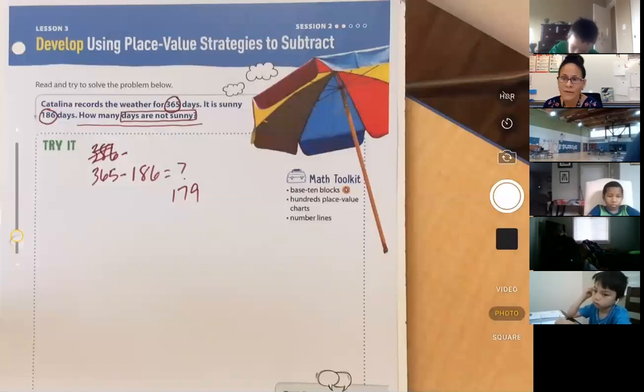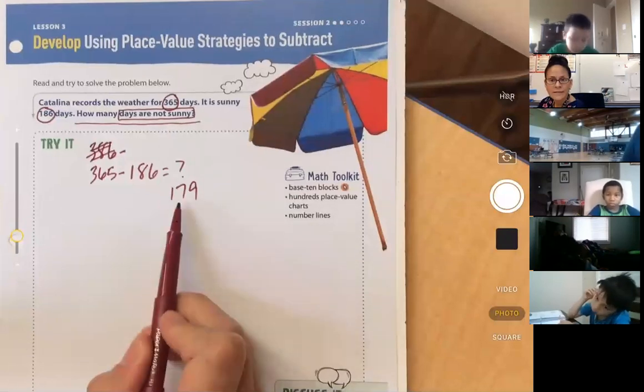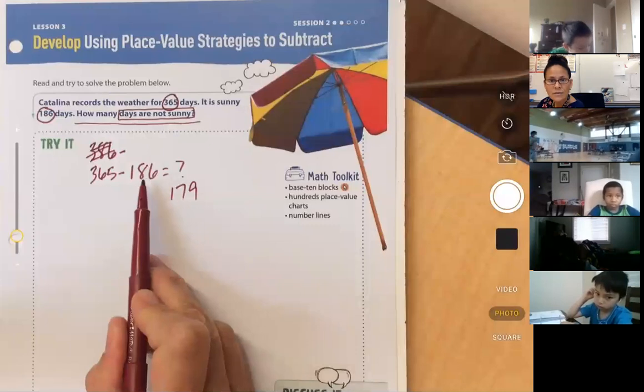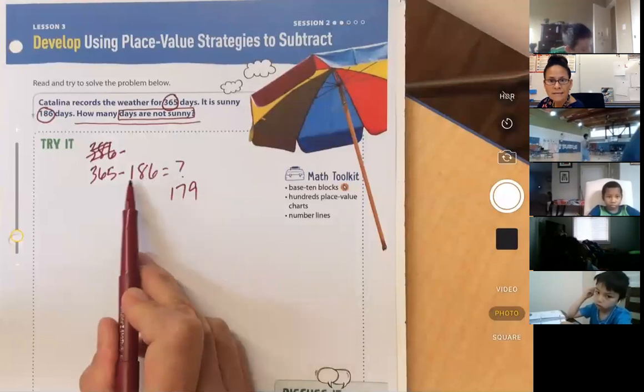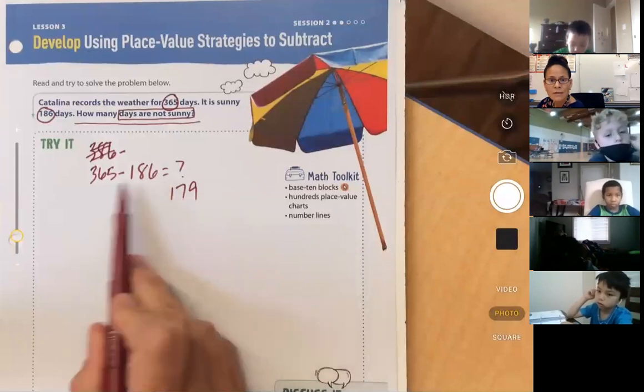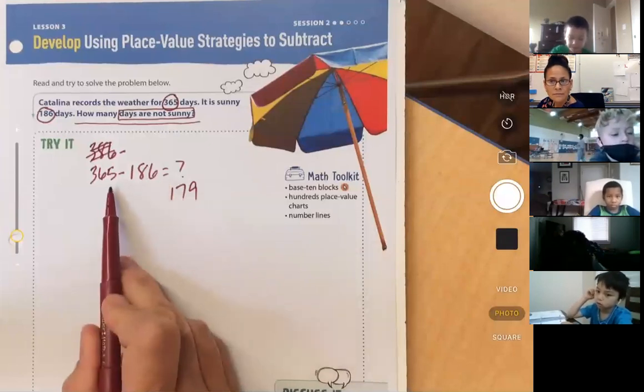One can check the other. We did talk about yesterday taking the difference that we calculate, adding it to the smaller addend or number, and it must equal the larger number. If it doesn't, we did the math wrong.